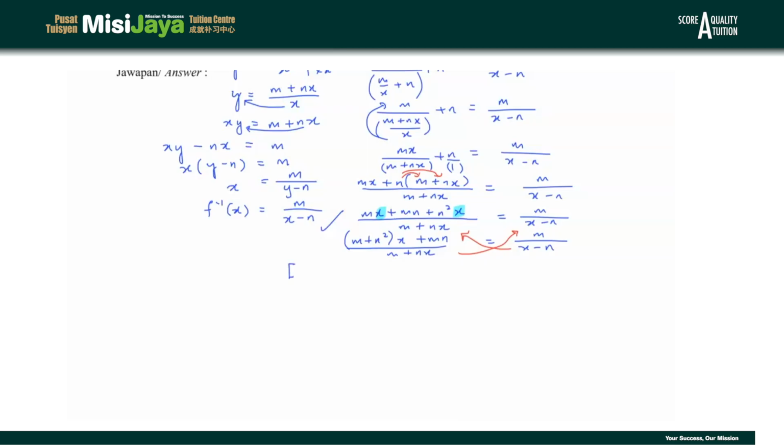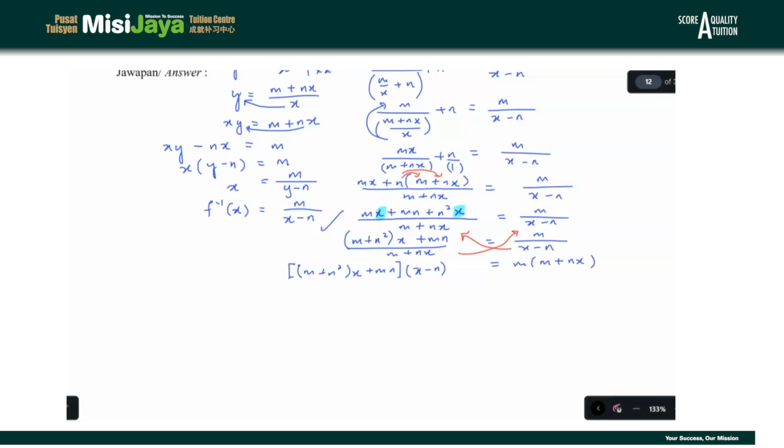So this will be m plus n squared x plus mn, then times x minus n, which is from the bottom right, then equals m times m plus nx. Now we are going to multiply inside one by one.